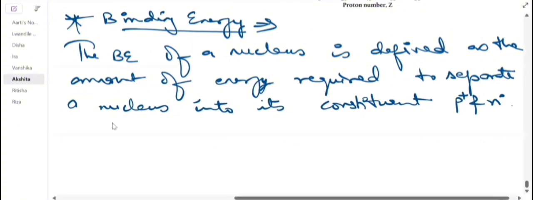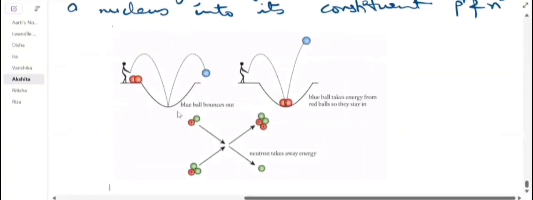There is a blue ball which is bouncing out.